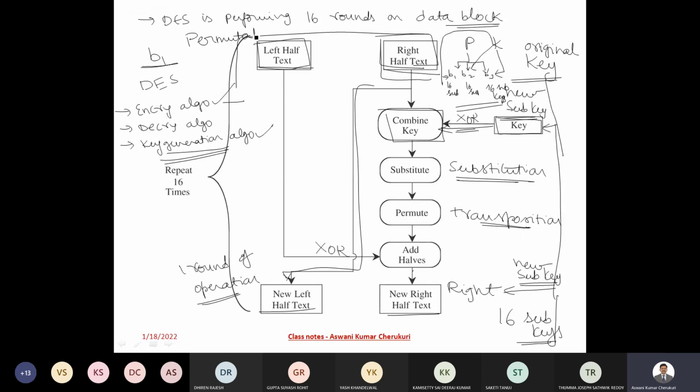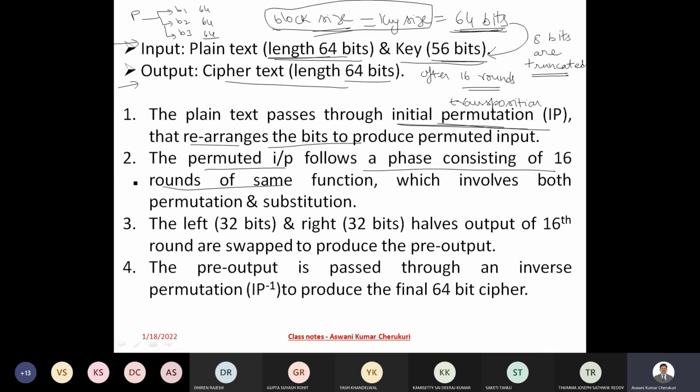The output of that permuted text would undergo the 16 cycles of operations. Since it is 64 bits, when you divide it into two halves, you have a left half of 32 bits and a right half of 32 bits. You keep the left half as it is and perform certain operations on the right half. That's what we have seen here, right?